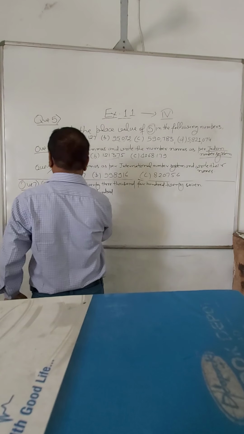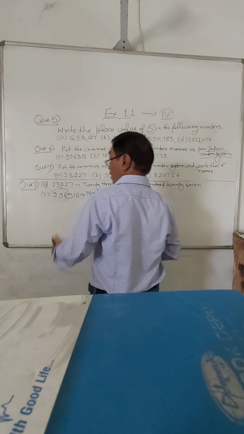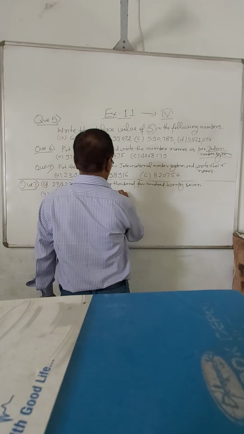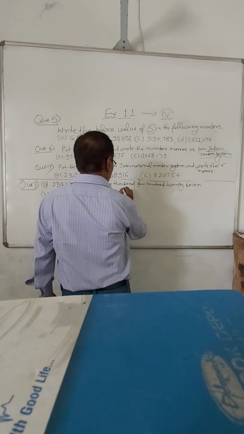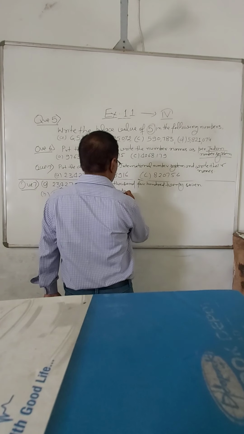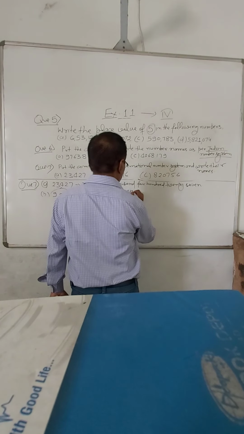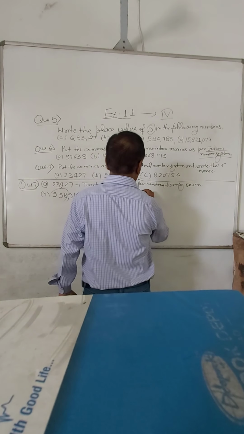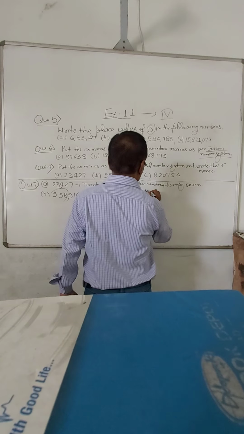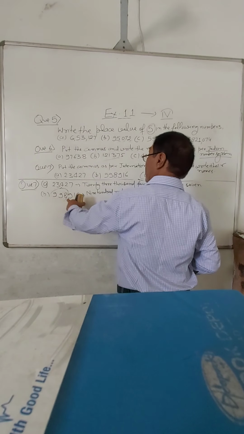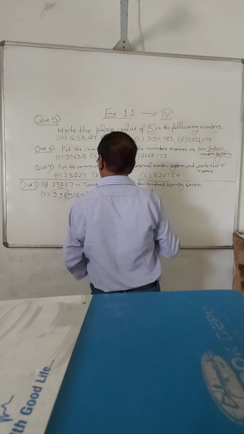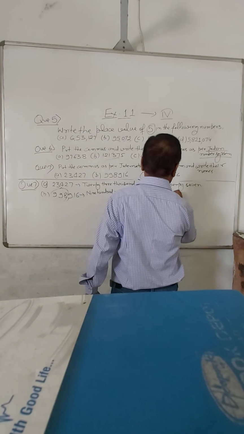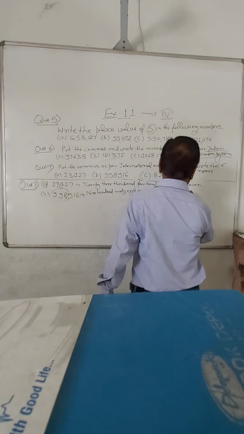Because this is the 1000 period, it is 998,000, and then 916.